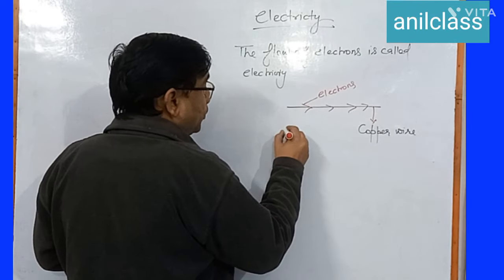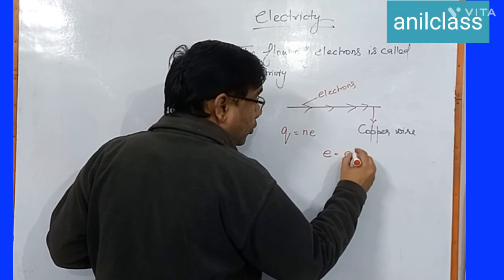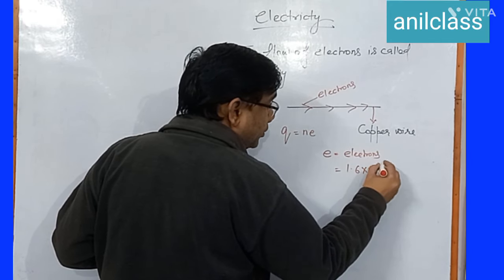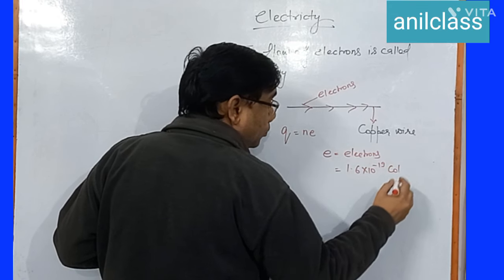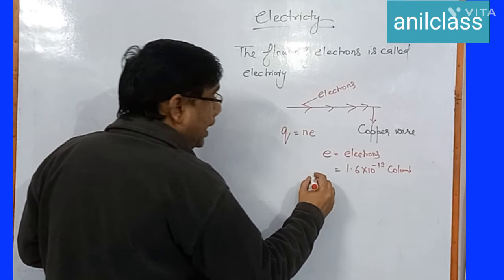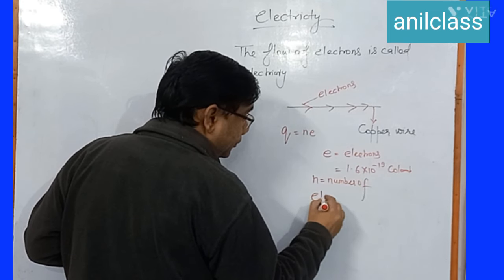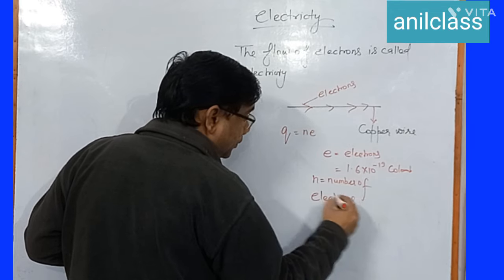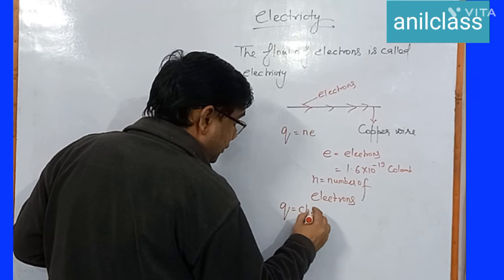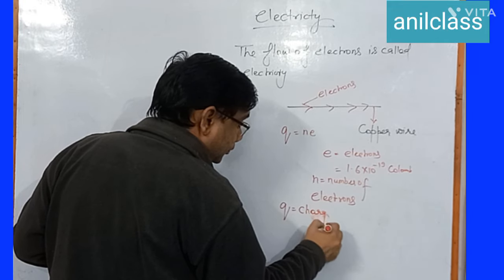Means Q is equal to Ne, where e is the electron charge, the value of which is 1.6 into 10 to the power minus 19 coulomb, and N is the number of electrons, and Q is charge.